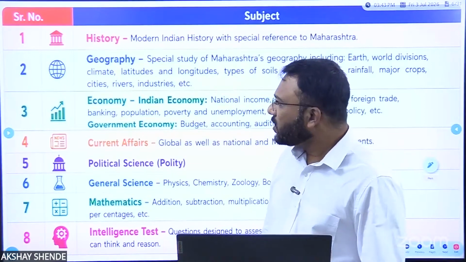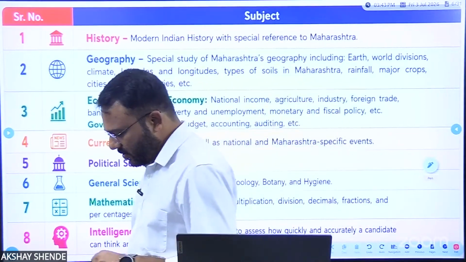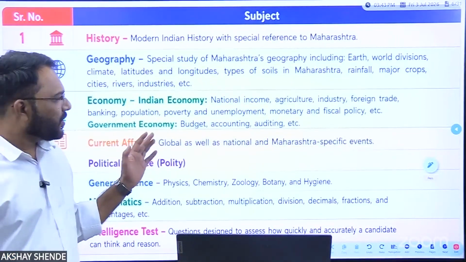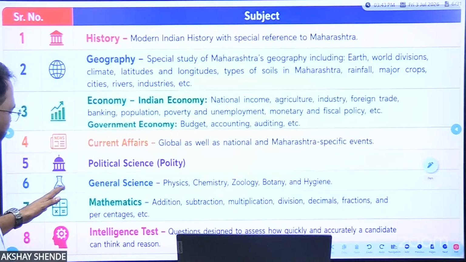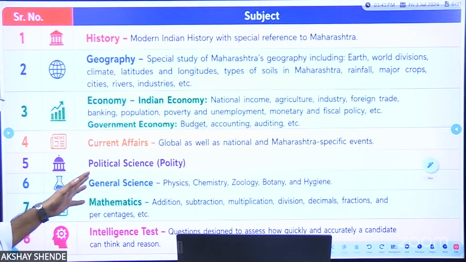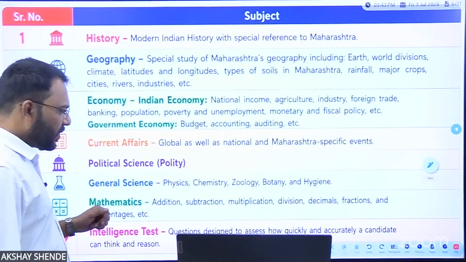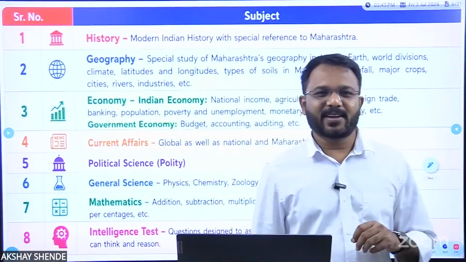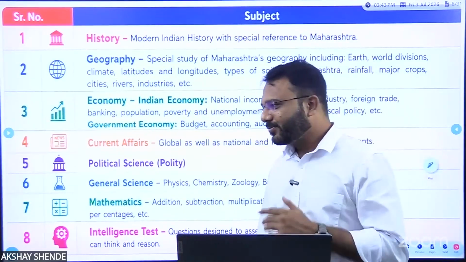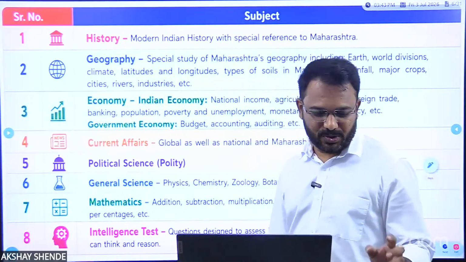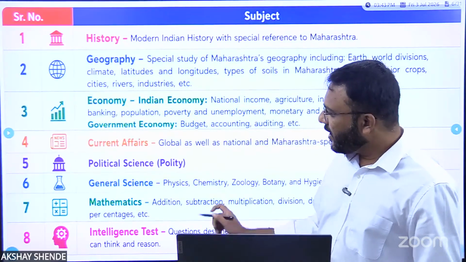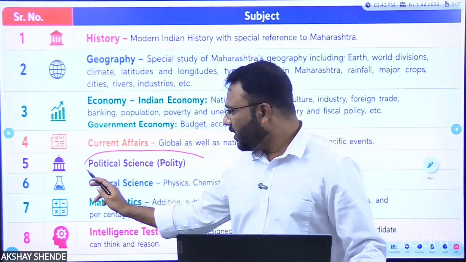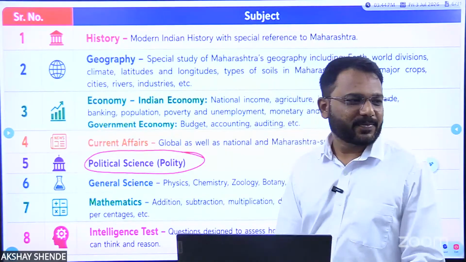So as you are able to see here, this is your prelims syllabus. ठीक है, हा प्रिलिम सिलेबस आहे. And now the tricky thing, okay, a gift from MPSC to you students is that they have mentioned here only political science or polity.